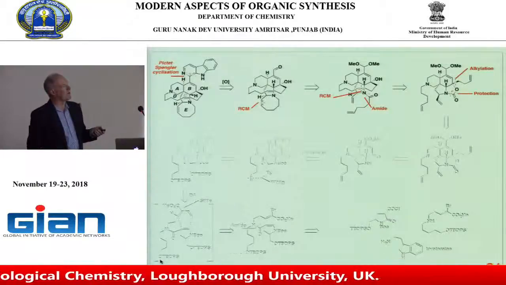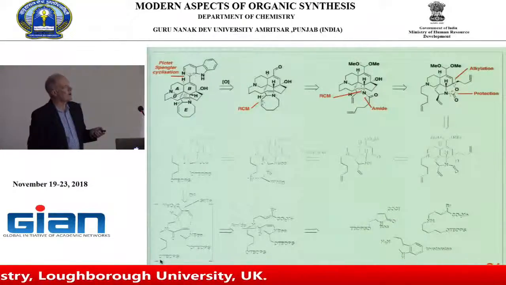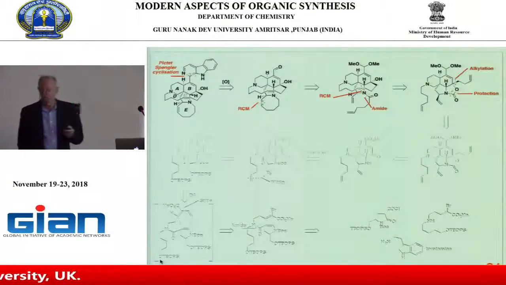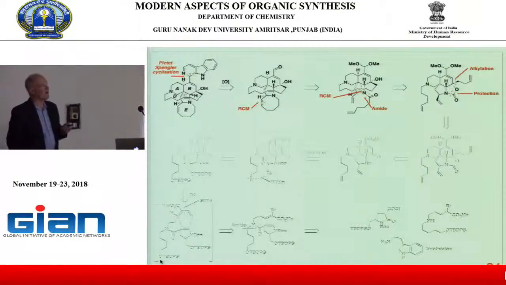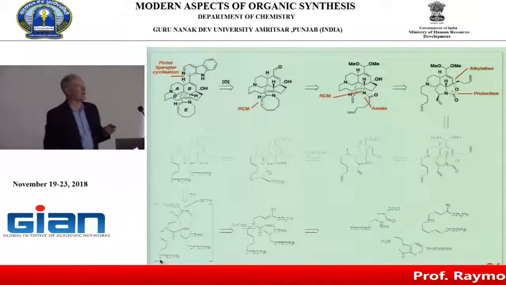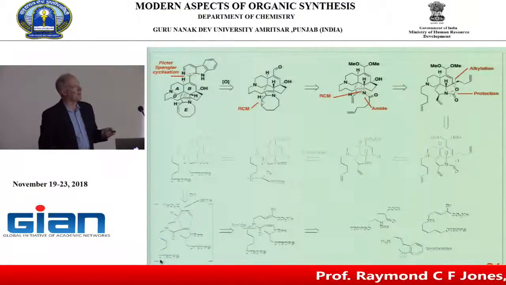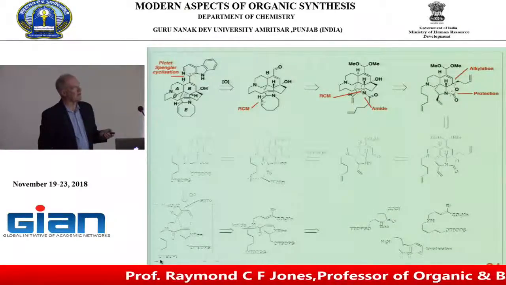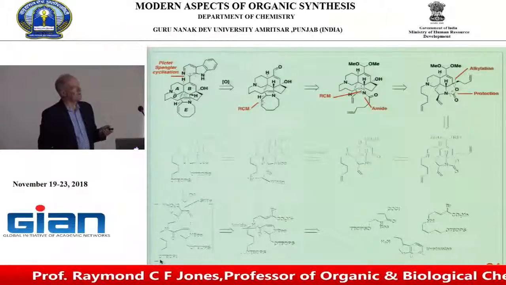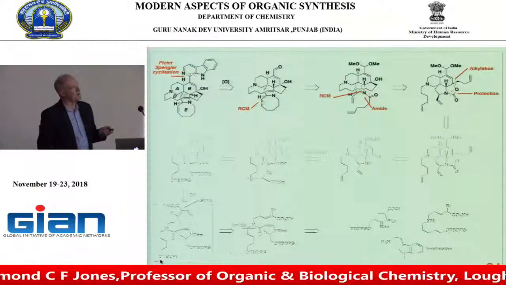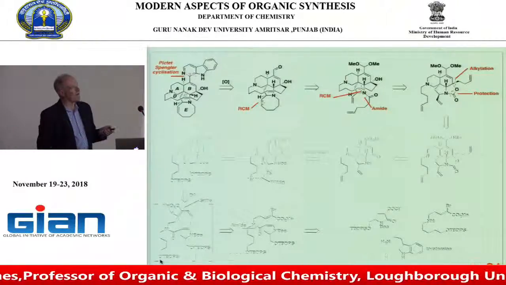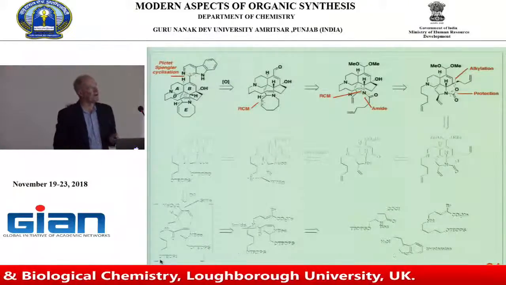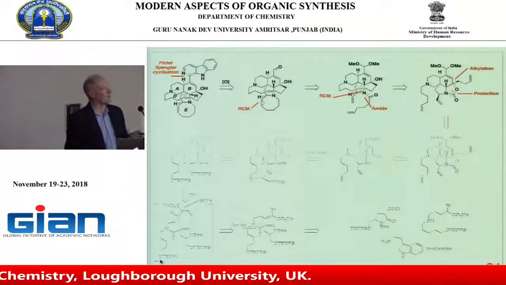You could imagine that this ring here, it's an unusual ring size, but that should be very possible via a ring closing metathesis. If you imagine taking that apart, then you need alkene here and alkene here to do the metathesis. At the same time, you might need to have this aldehyde protected until you're ready to do the final heterocycle closure.